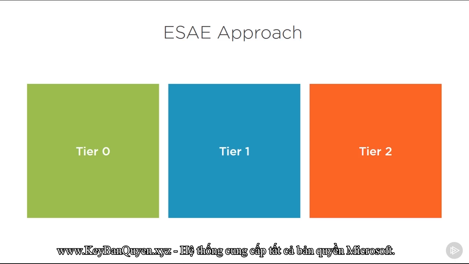A tier 0 account has direct administrative control over enterprise identities, including forest, domains, domain controllers, and their assets. But a tier 1 account has direct administrative access control over enterprise servers and applications, so that's a completely different area of control.